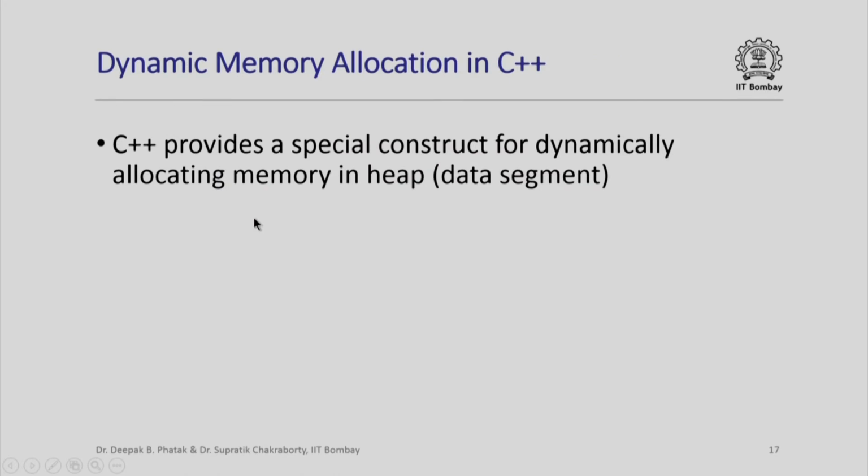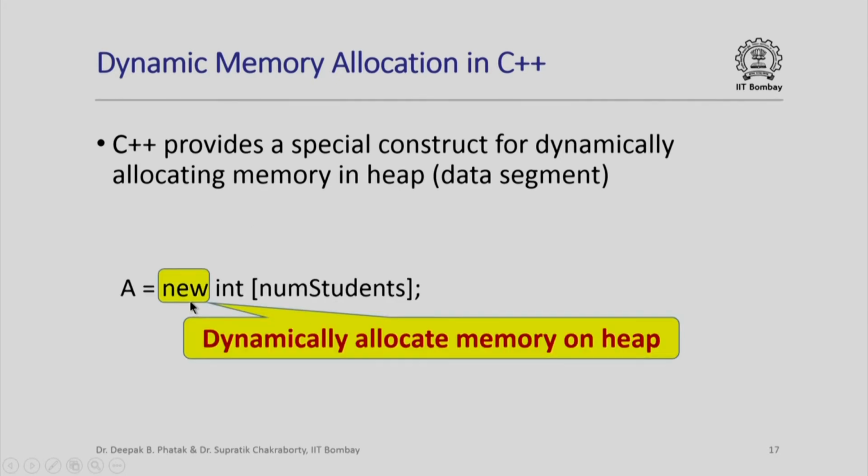Well, C++ actually provides a special construct for dynamically allocating memory in the heap, also called the data segment, and this is the construct. So here I am going to use this special construct in C++ called new, which is basically telling the computer to dynamically allocate memory on the heap. And how much memory should it allocate?